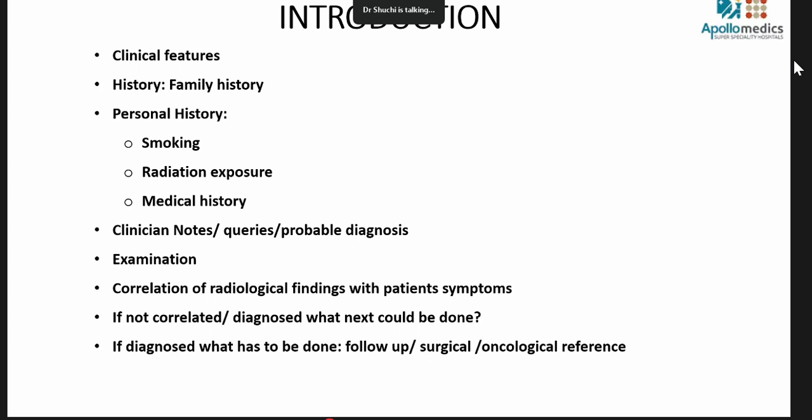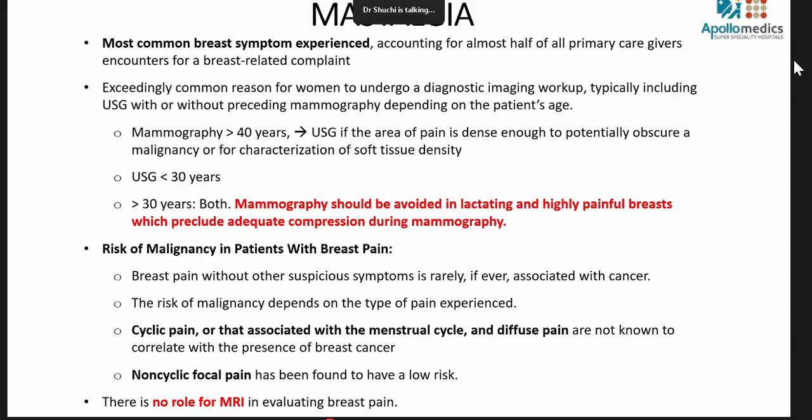Then correlation of the radiological findings which you get on mammography or ultrasound, whatever you are doing, with the patient's symptoms, whether they are correlating or not correlating. If not correlating or you are not able to diagnose it, then what next should be done? If diagnosed, then what has to be done? Either a follow-up or a surgical or an oncological preference.